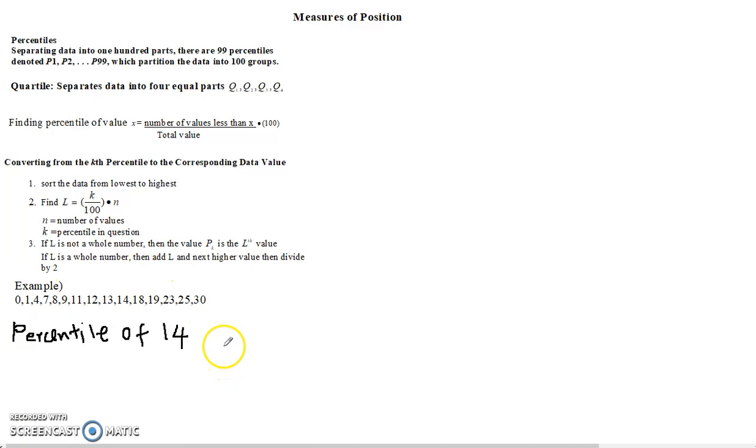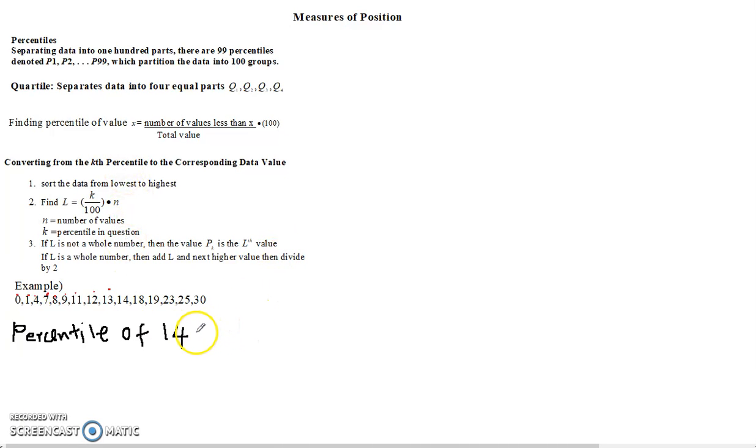What we have to do now is find out how many values are less than 14. So that means you got 1, 2, 3, 4, 5, 6, 7, 8, and 9. So there are 9 values less than 14.